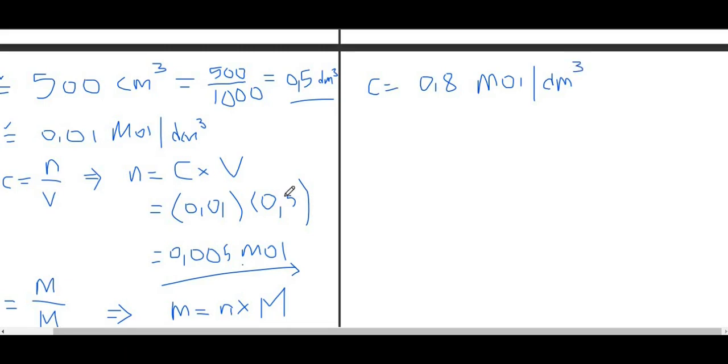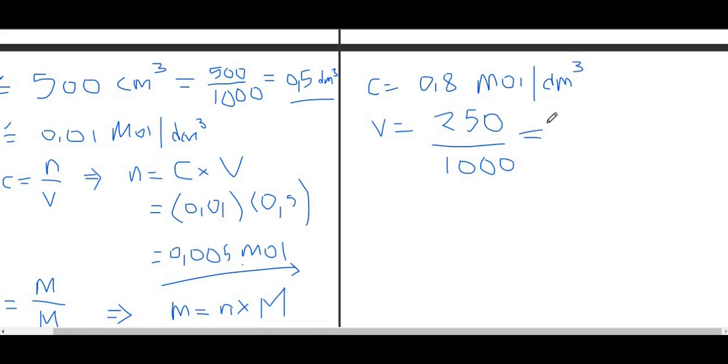Right? What else do I know? I know the volume, and that volume is given as 250. But because the volume is given in cubic centimeters, I will need to first divide it by 1000 in order to have it in cubic decimeters, because that's what we need to calculate the concentration.